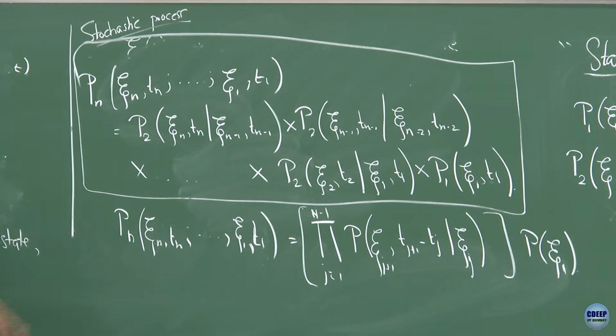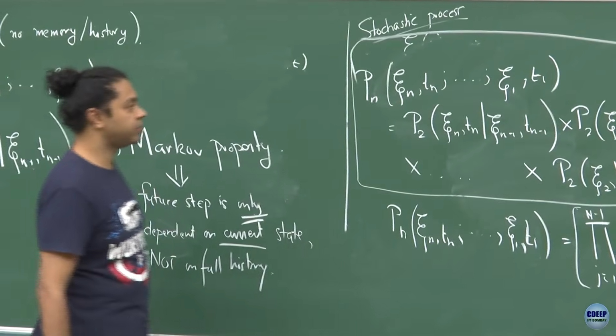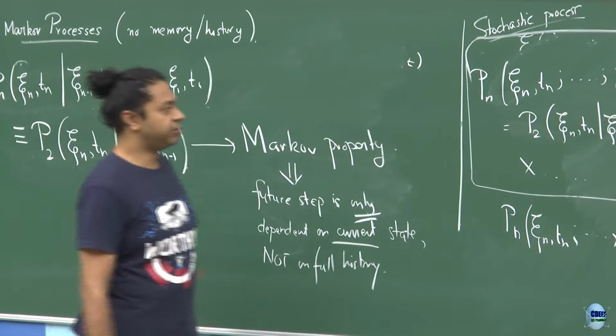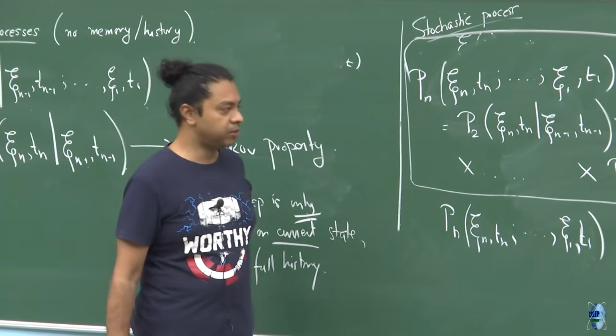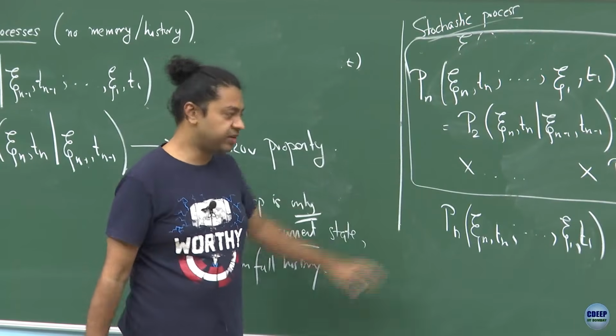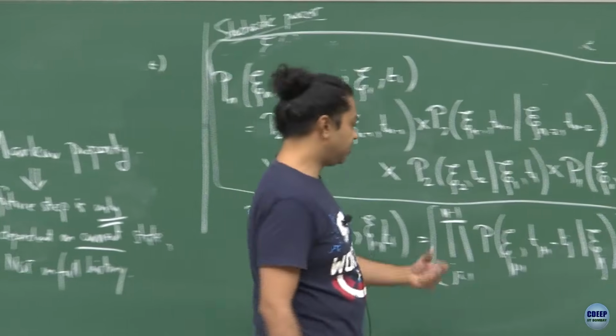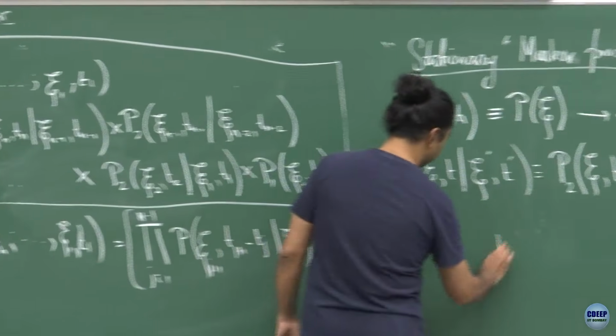So, essentially for a general stochastic process, I would have to calculate each of these conditional probabilities. Now, if I assume the stationary Markov process, all I am left with is essentially to calculate 2 quantities.